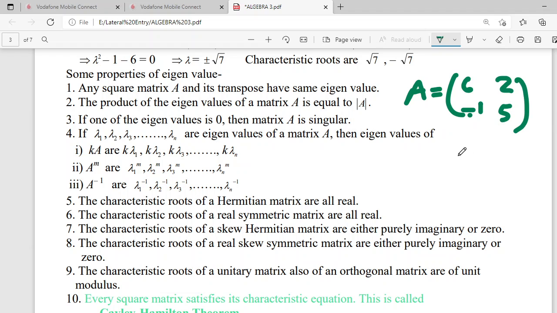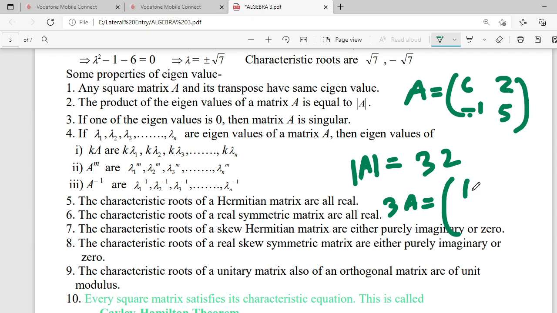Then what is the determinant of this? The determinant is 30 minus 30 minus 2, so it is 32. And suppose you are doing 3A. So 3A matrix is what? We have to multiply all entries by 3. So it is 18, 6, minus 3, and 15.